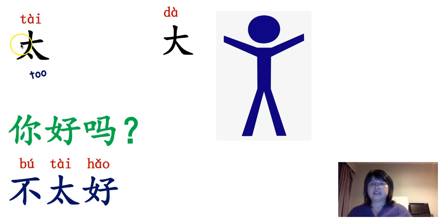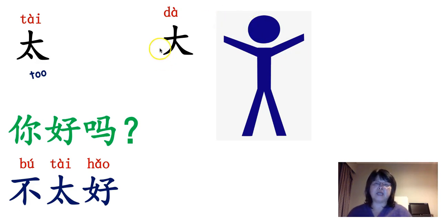So the character 太, we've got to see the character 大 first. 大 looks familiar to us. See these two slashes? It's like a person, 人, and this line is indicating the person stretching his arms. So when you say something is very big, we stretch our arms to say it's very big.